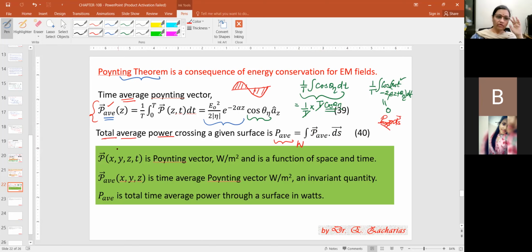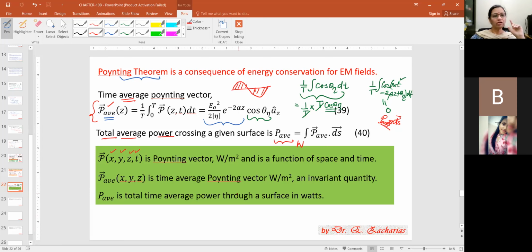So now what we are concluding finally is Poynting vector will be a function of x, y, z and time. Okay, unit will be watts per meter square. It's a function of space and time. Now come to average power density. It will be a function of just x, y, z. Time is not there because we have averaged over a time cycle.